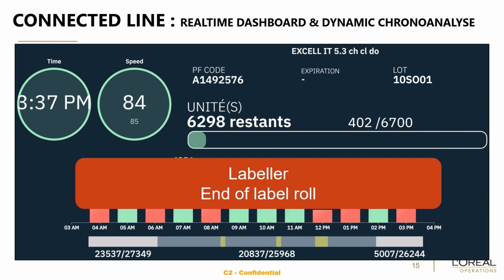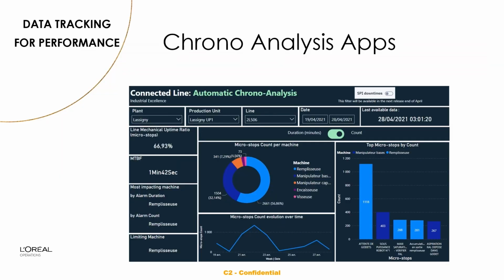The red bar and the green bar that you see below is the performance of our people hour per hour, depending on the line and the target of production they have.